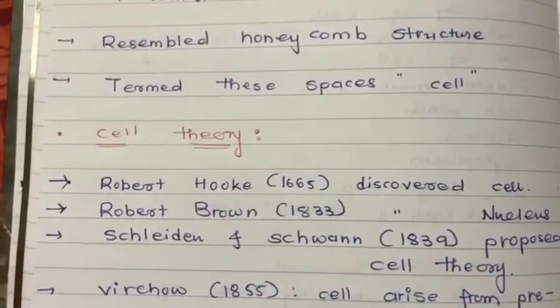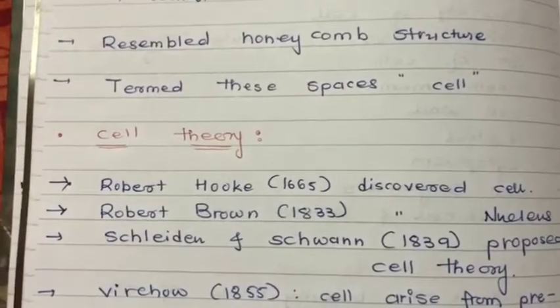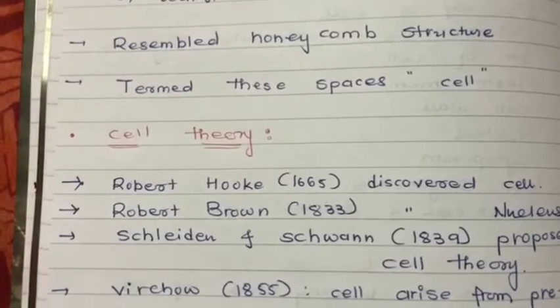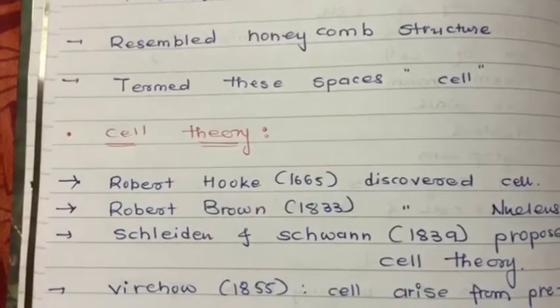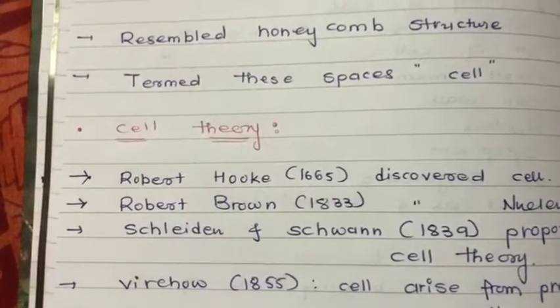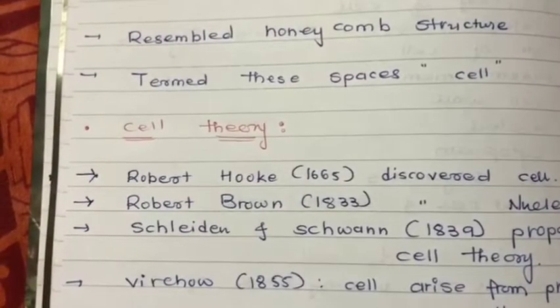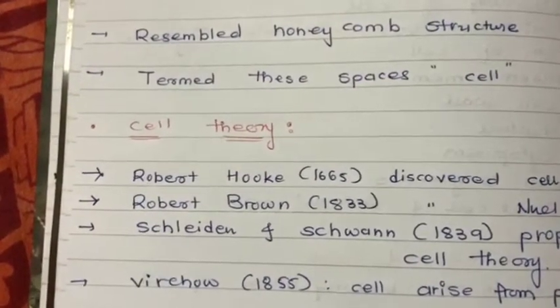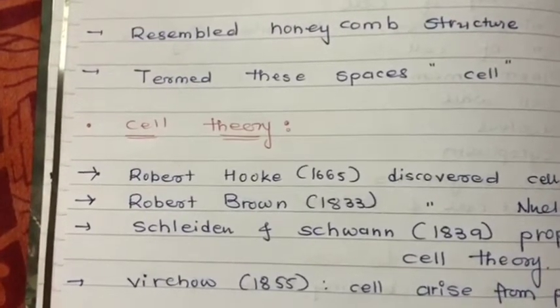After the cell was discovered, many scientists studied the cell. After that, cell theory was given. As I mentioned earlier, Robert Hooke in 1665 discovered the cell. Then around 1833, Robert Brown discovered the nucleus in the cell. Don't get confused: Robert Hooke discovered the cell.